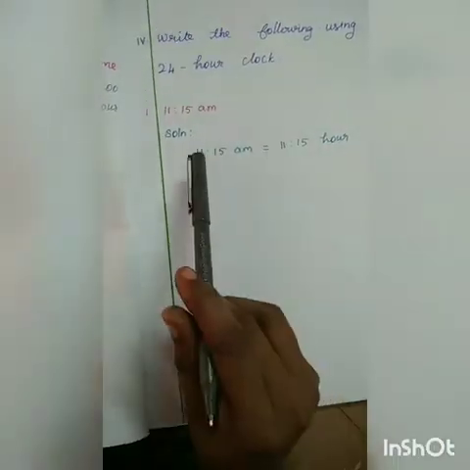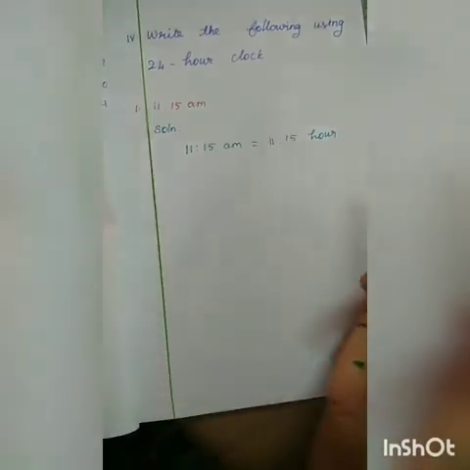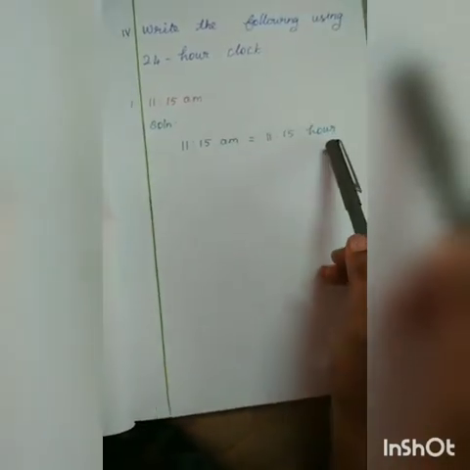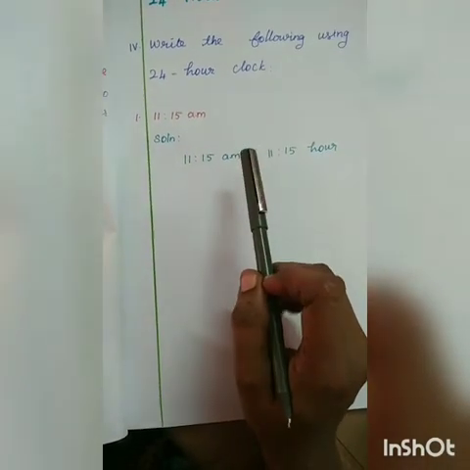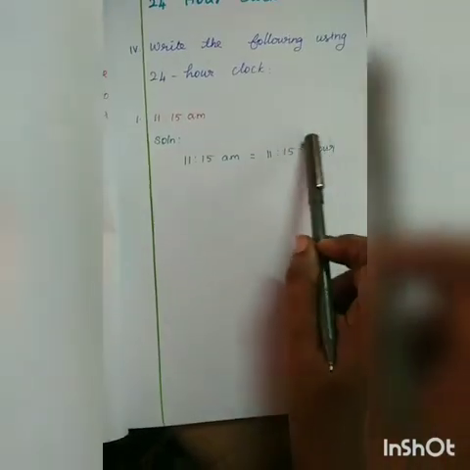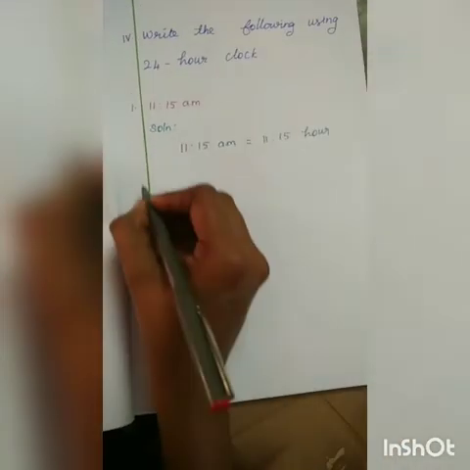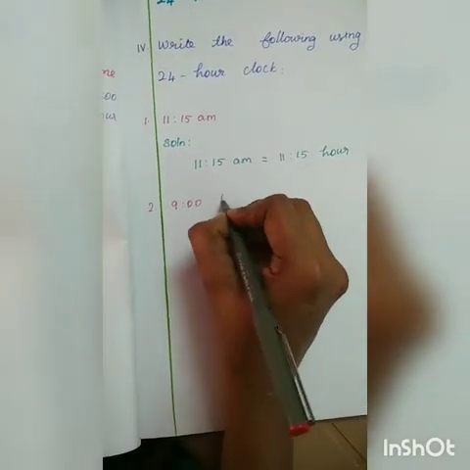The AM time is the same in the 24-hour clock, so 11:15 a.m. is equal to 11:15. Only the time period changes, so you write it in hours.